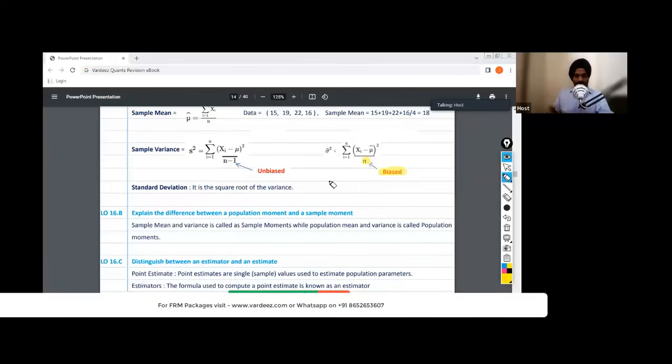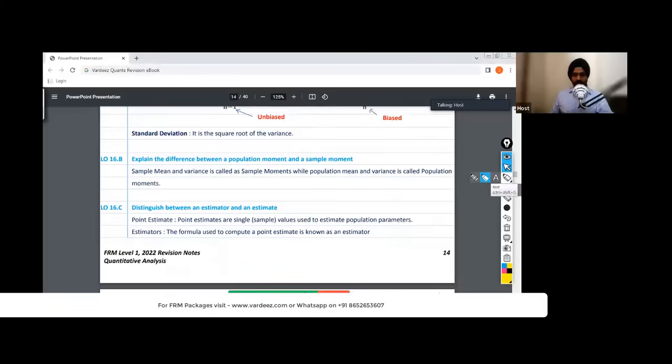On the exam, our preference is to calculate unbiased. Always and always use this. If they specifically ask you to calculate the biased, then you do that. What about the standard deviation? Standard deviation is the square root of this variance. Simple.